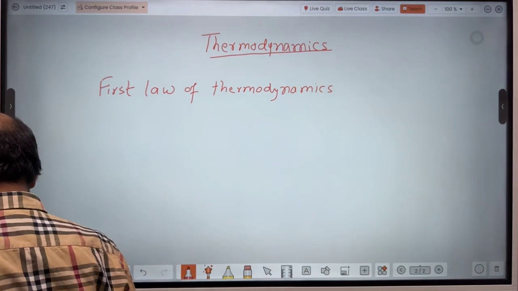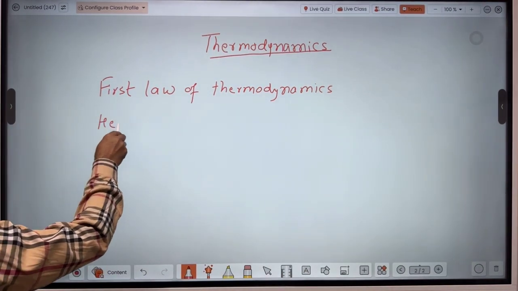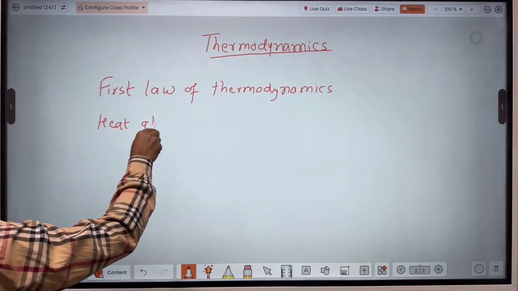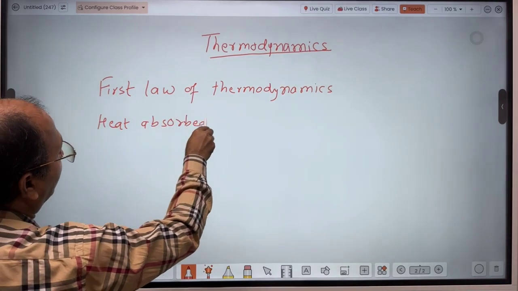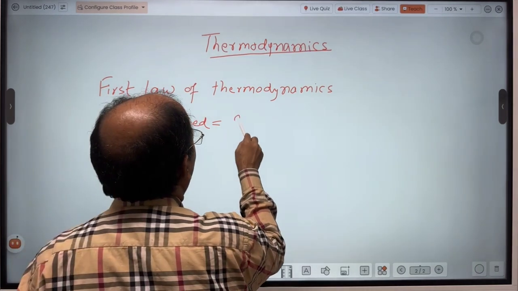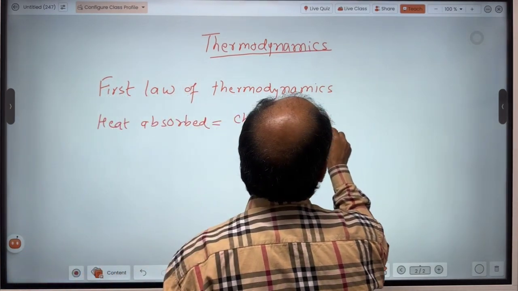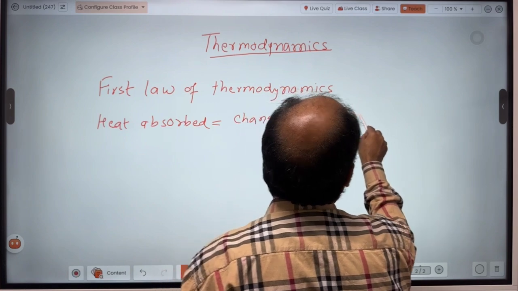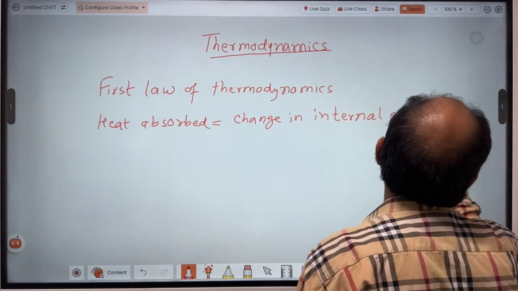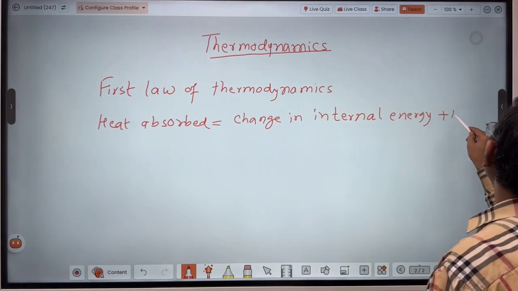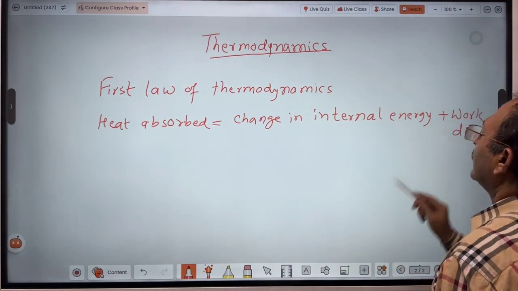Right. So here what happens? Heat absorbed is equal to change in internal energy plus work done. Right.